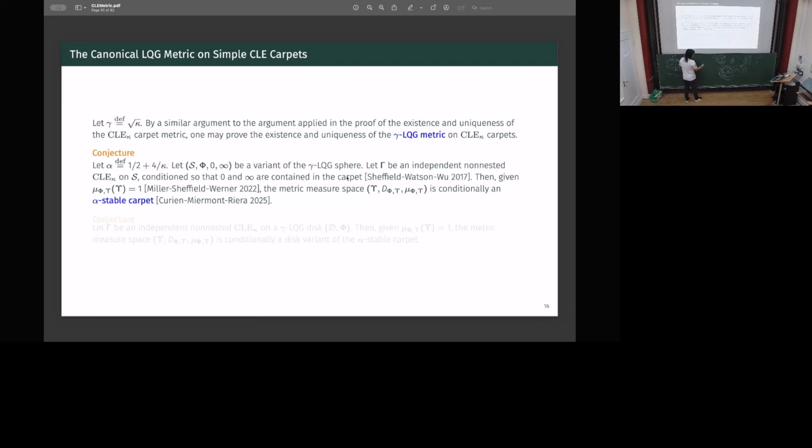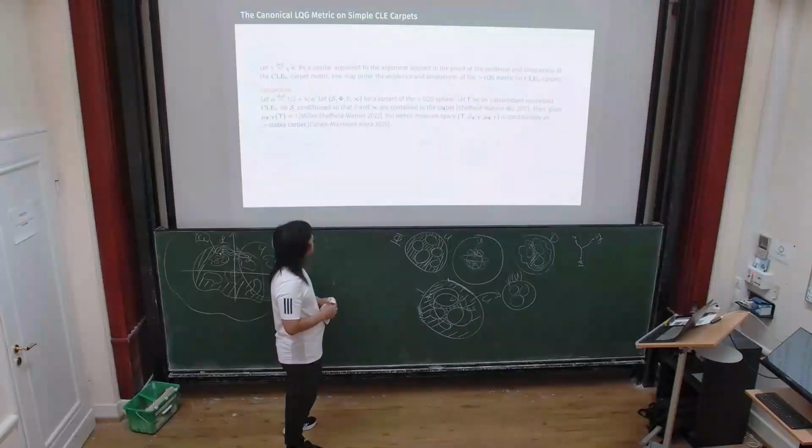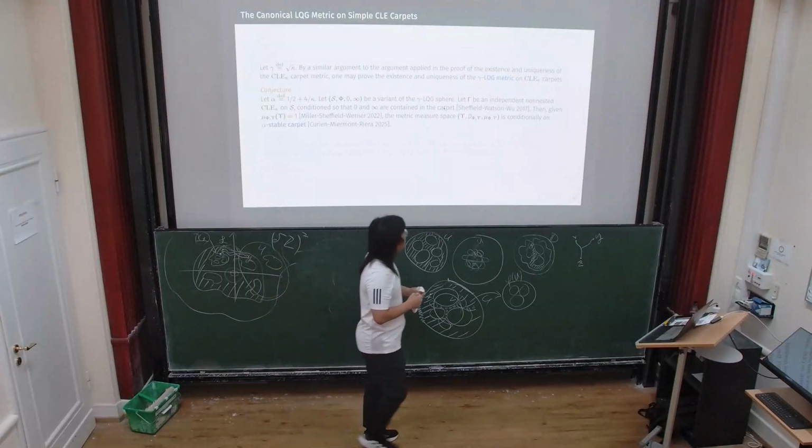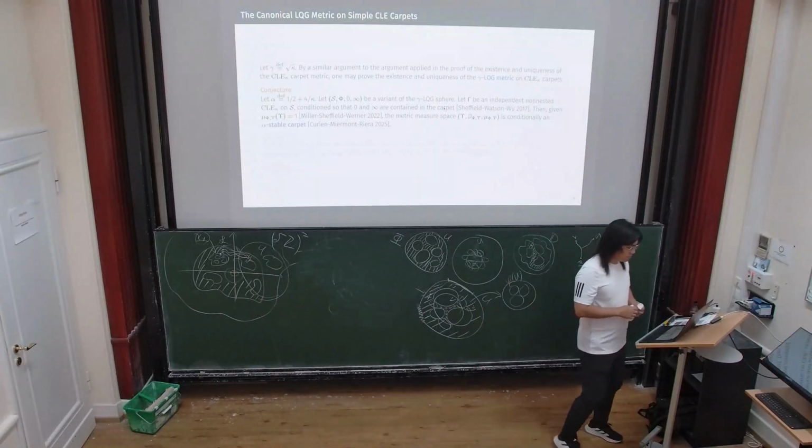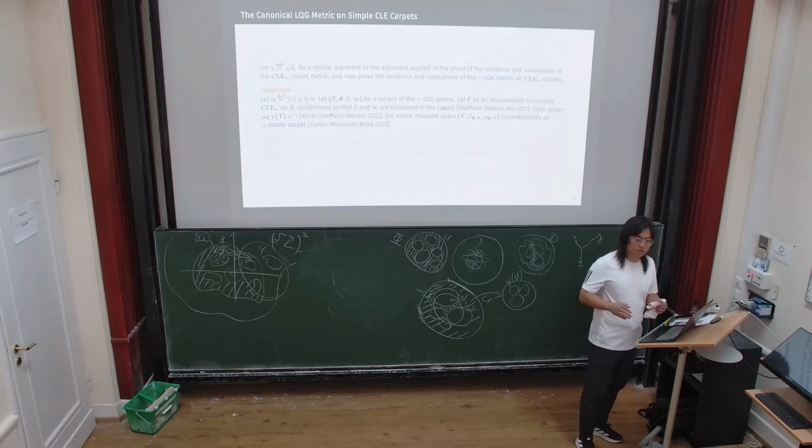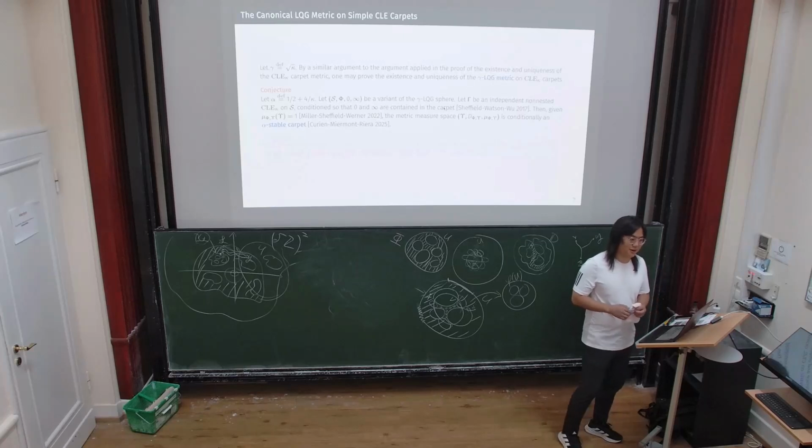What is the relationship then between the CLE carpet metric and the gamma LQG metric? Or why is it so much easier? I don't think there's a direct relation between these two. Or maybe there's some KPZ formula, I guess. I'm not sure.